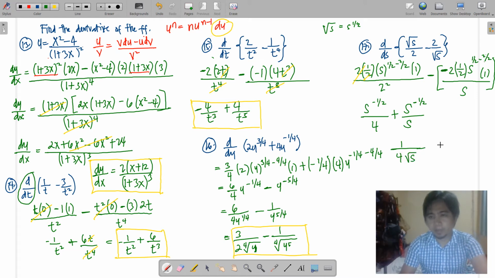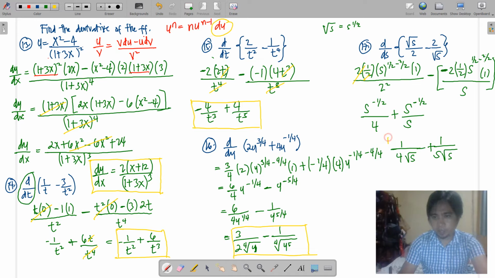Square root of s plus, ito, nasa baba yan dapat. So, naiiwan sa taas is 1 all over, dati nang may s dyan, ang s raised to 1 is actually square root of s. Finally, this will be our answer for number 17. Okay?